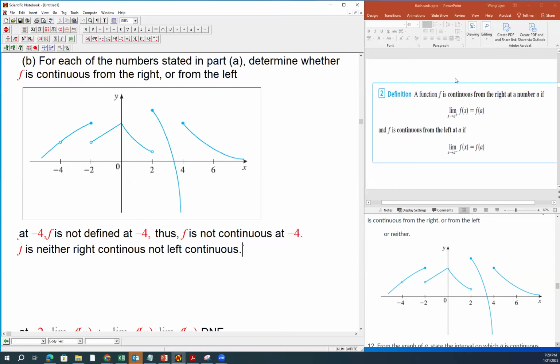In other words, for the function to be left continuous or right continuous, the function has to be defined at the point. So at -4 it is neither.